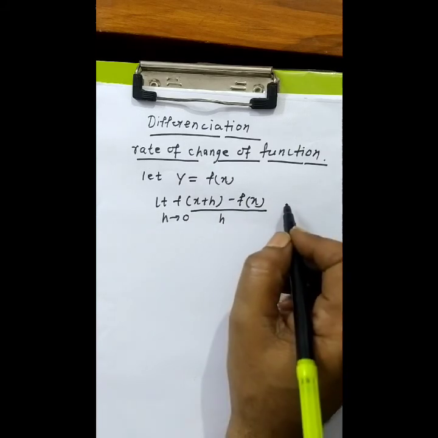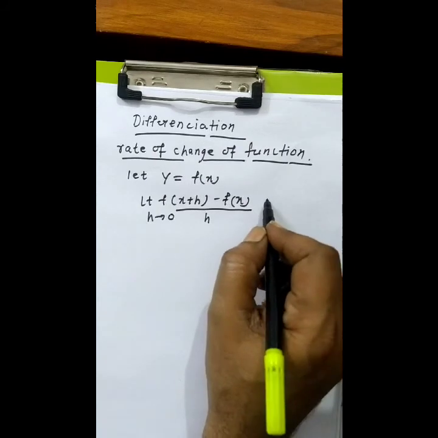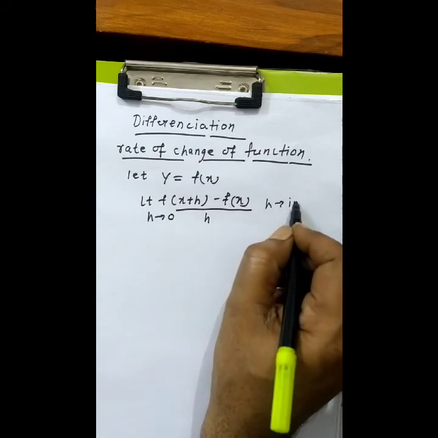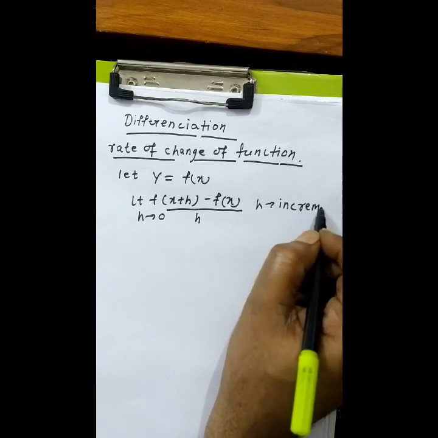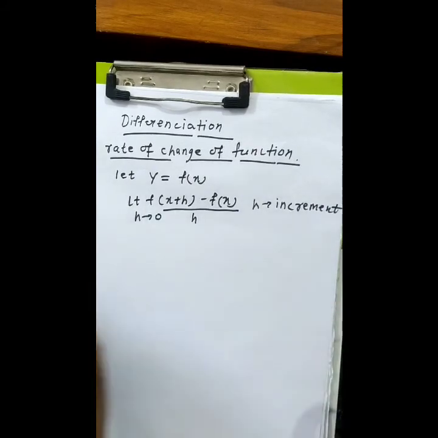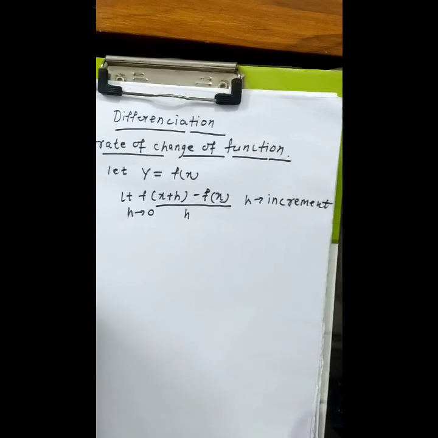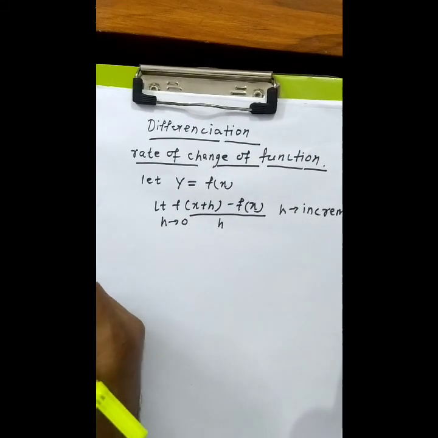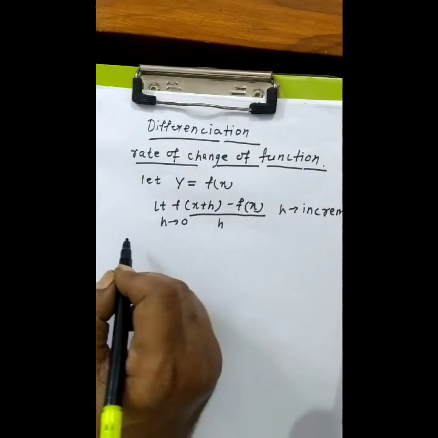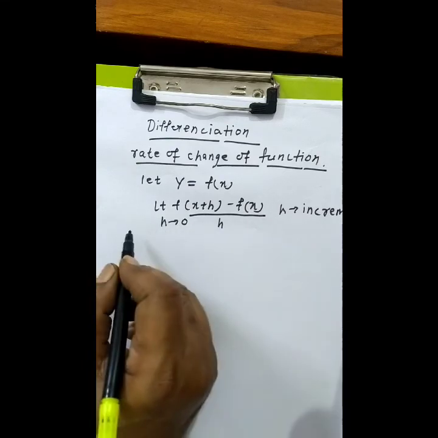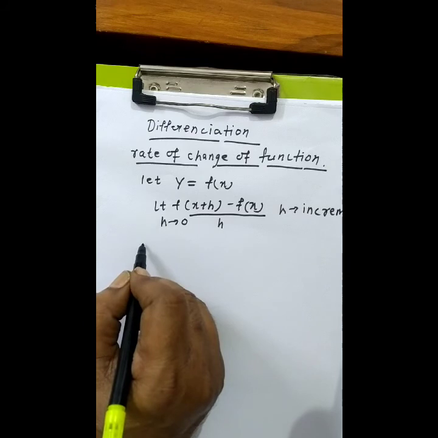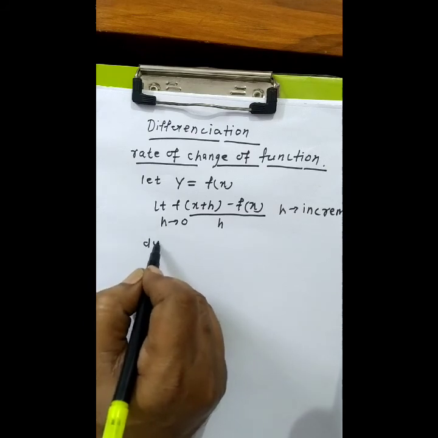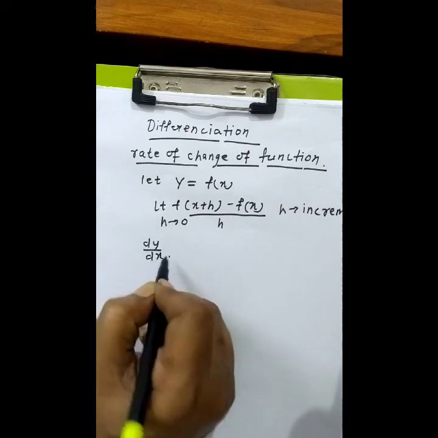What is h here? h is increment. If limit of f of x plus h minus f of x divided by h as h tends to 0 exists, we say that the function is differentiable and it is denoted by dy by dx.